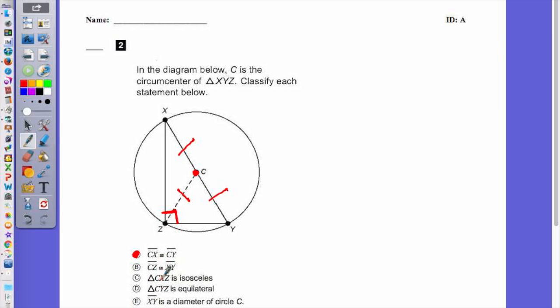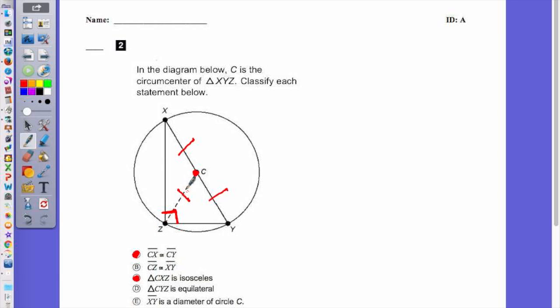CXZ is isosceles. Well, I know that CX and CZ are congruent, so it is isosceles. Even if all three sides are congruent and it's equilateral, it's also isosceles. CYZ is not, yes?